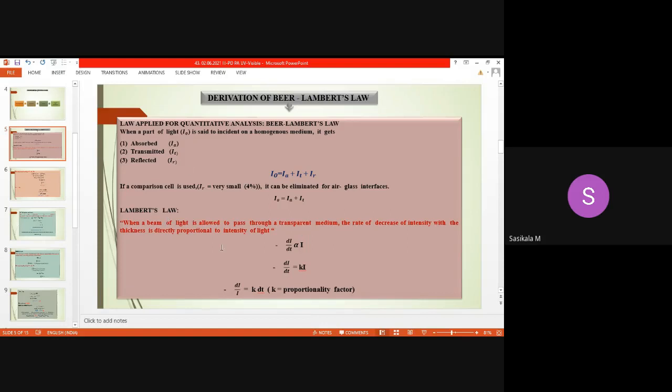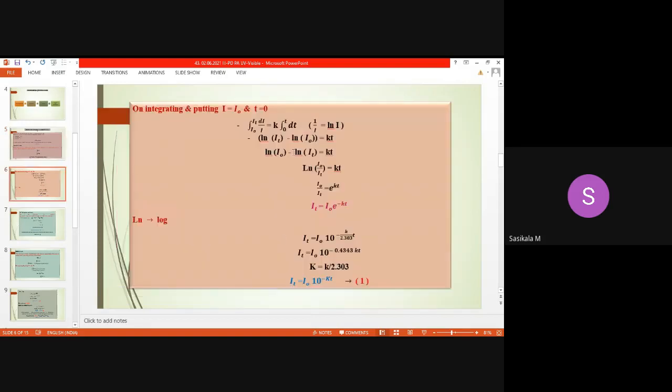You take the proportionality constant, and on integrating you will finally get IT, the transmitted light, equal to I0, the incident light, times exponential of minus KT. K is the proportionality constant, T is thickness. So transmitted light equals incident light times exponential of minus KT.